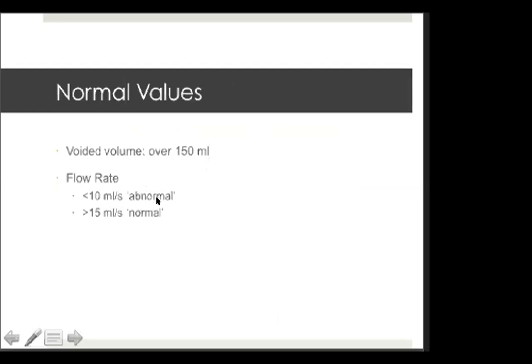Pero sometimes, for example, paulit-ulit siya nag-void less than 100. Kung yun lang talaga yung bladder capacity niya, makikita natin sa bladder diary niya, so baka yun lang talaga yung kaya niya. So for the Qmax, for the flow rate, if below 10 ml per second, it's abnormal. If it's above 15 ml per second, it's normal.